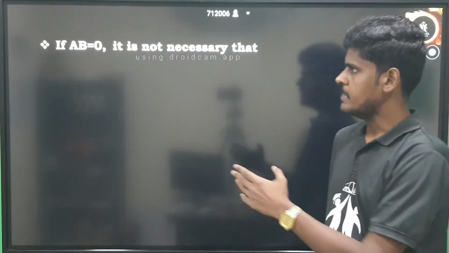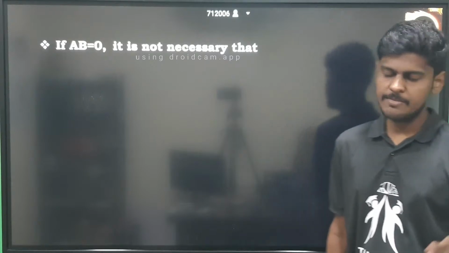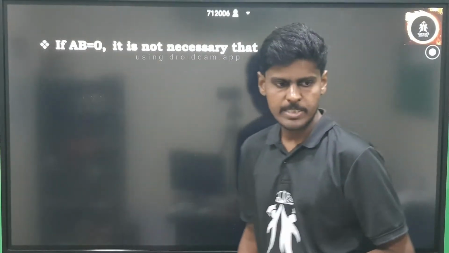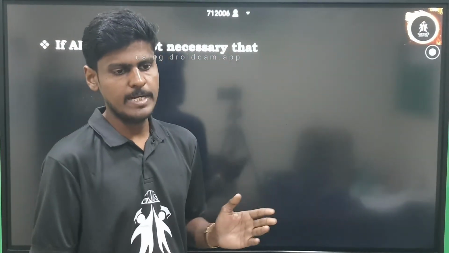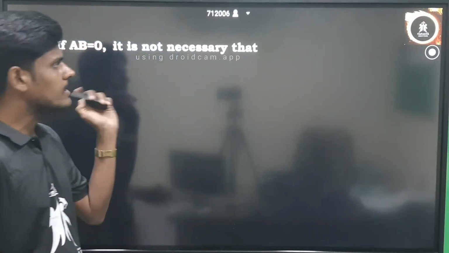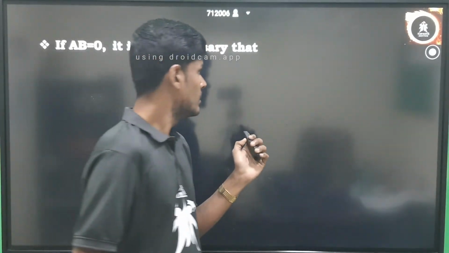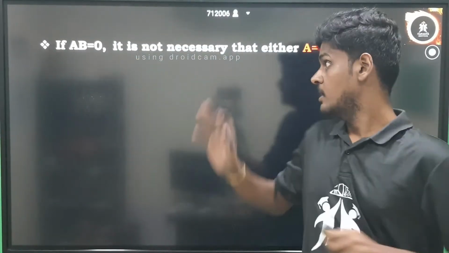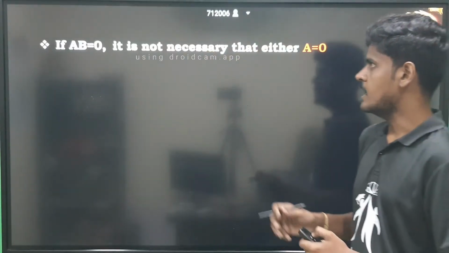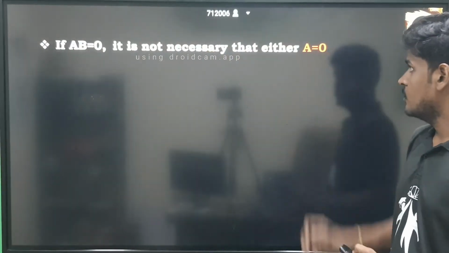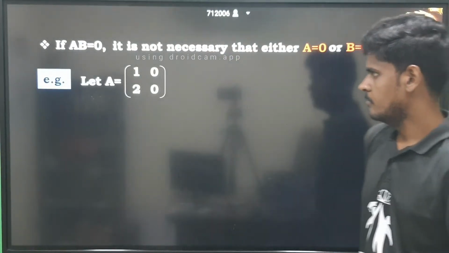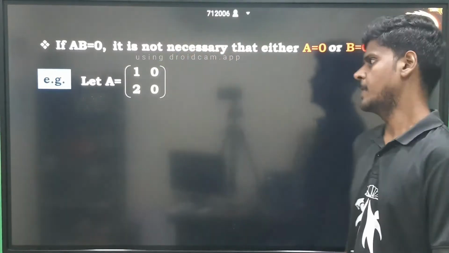Sometimes one matrix can be 0, in another way both the matrices can be 0, or sometimes both the matrices are not 0. All the three possibilities are there. So what is meant? AB equal to 0, it is not necessary that A equal to 0 or B equal to 0. We will consider an example.